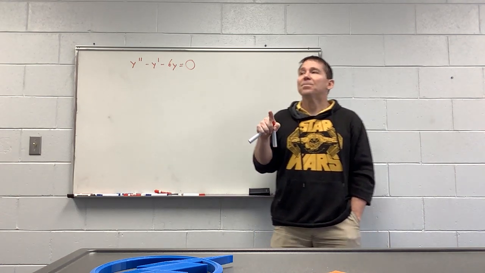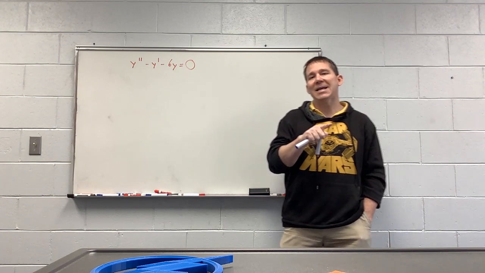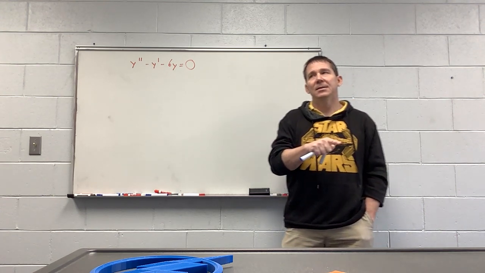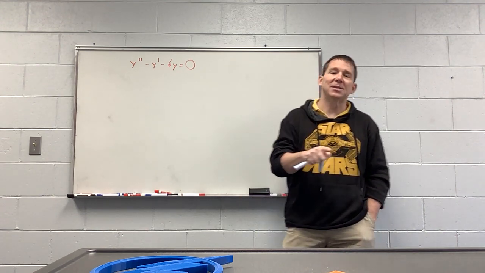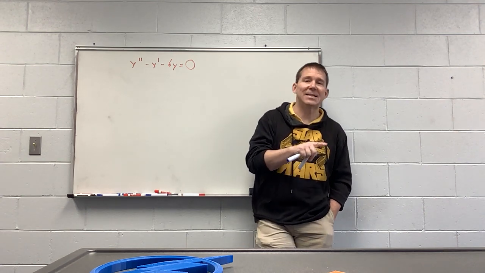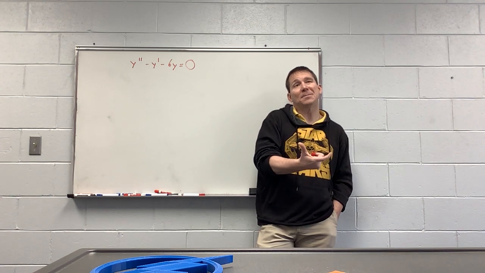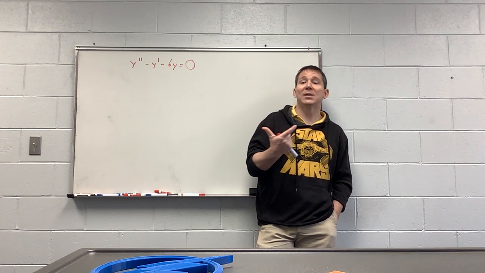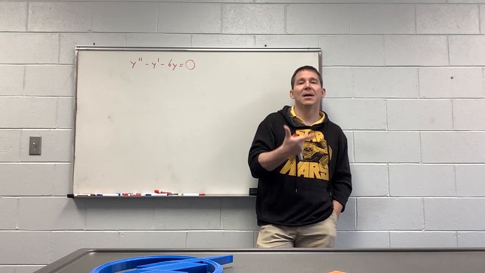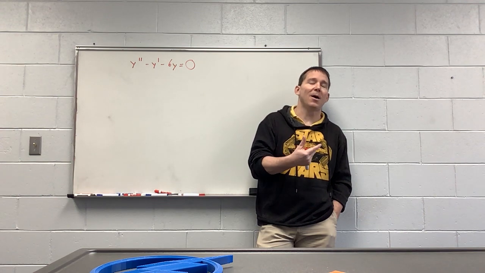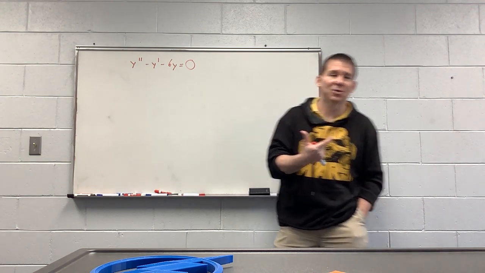Sometimes we will find y implicitly, other times we will find it explicitly. The ultimate goal is to find an explicit solution, y equals fill in the blank. Sometimes we can't really do that, so we'll just have an implicit solution, but the ultimate goal is, if possible, to find the explicit solution.